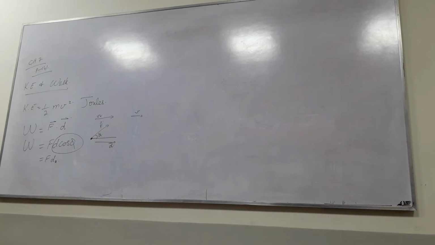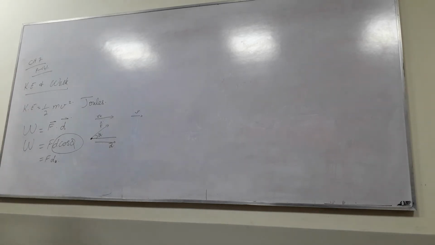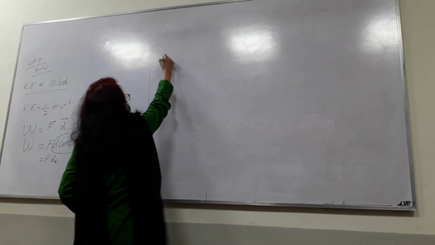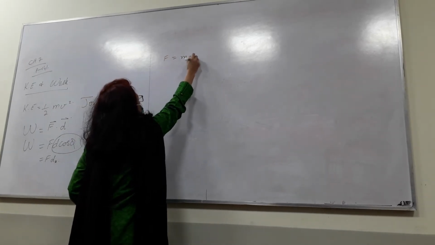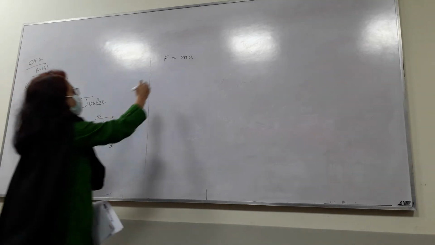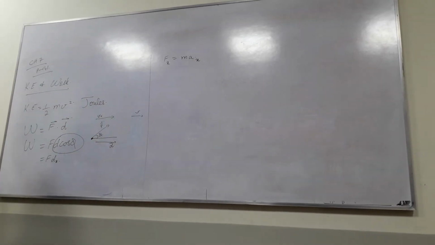So these are formulas that you are already familiar with, and we have discussed them in chapter number 3 when we were talking about vectors, right? Similarly, these are also related to Newton's second law, which is F is equal to ma. Now if we are talking in the x direction, then we can write Fx is equal to max, right?